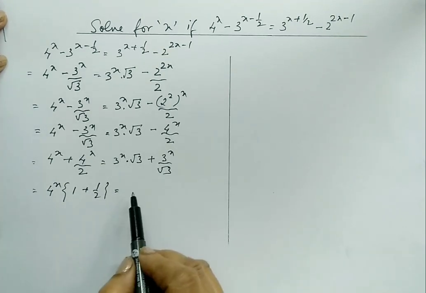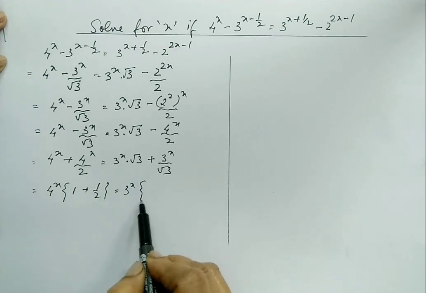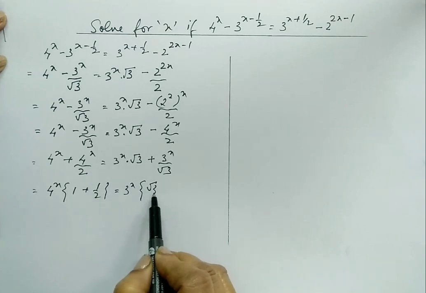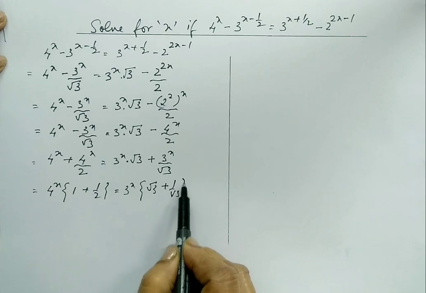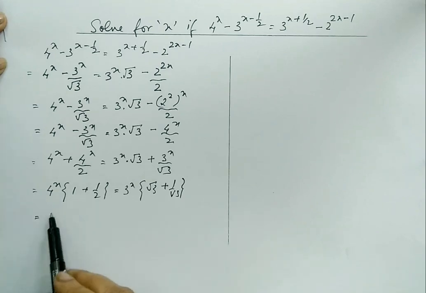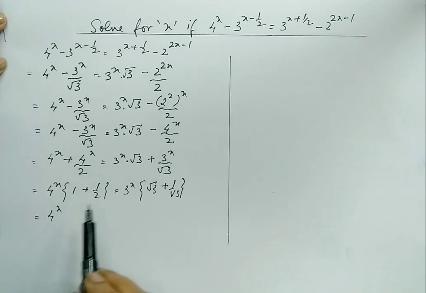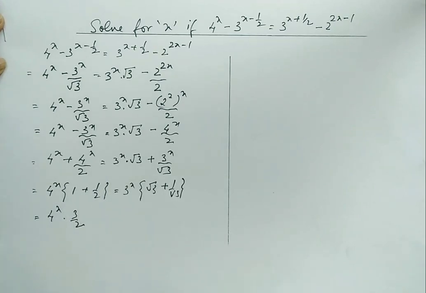Alright. 3x can be taken as common and we have root 3 here and 1 by root 3 here. Understood? So let's copy this and we know that this is 3 by 2. How? 1 plus half is 1.5, and when we convert that to an improper fraction, it becomes 3 by 2.